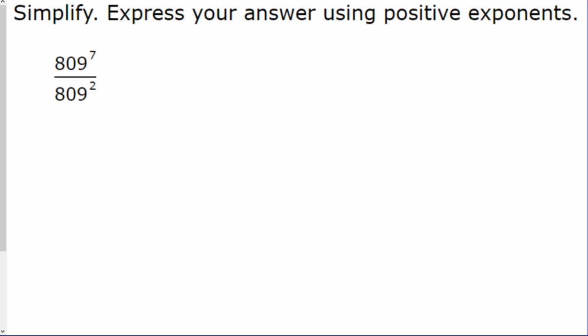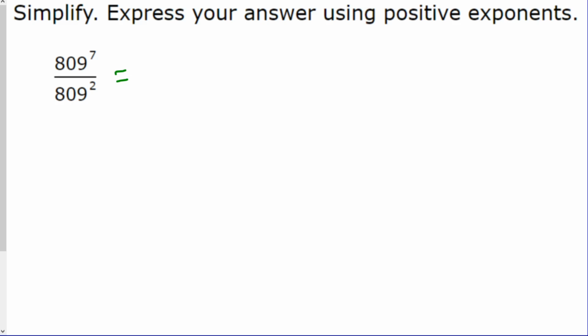All right, last example. Same process. And again, remember the bases have to be the same. In this exercise, they will be. But if this was 809 and 808, to the 7th and to the 2nd power respectively, we couldn't do anything with it other than work it all the way out and then divide those two numbers.